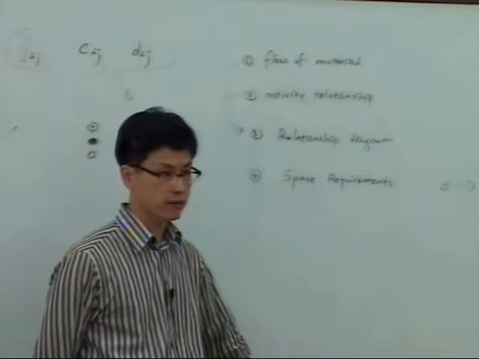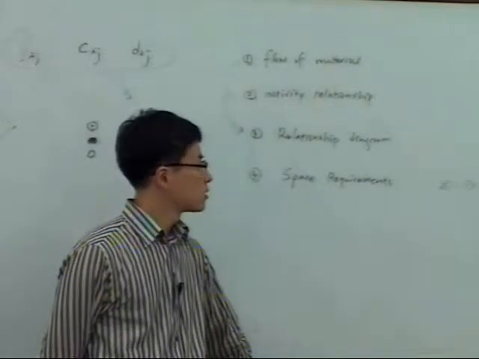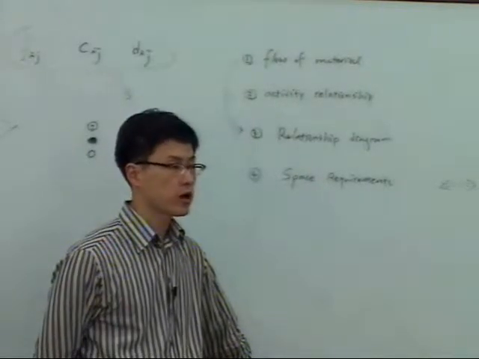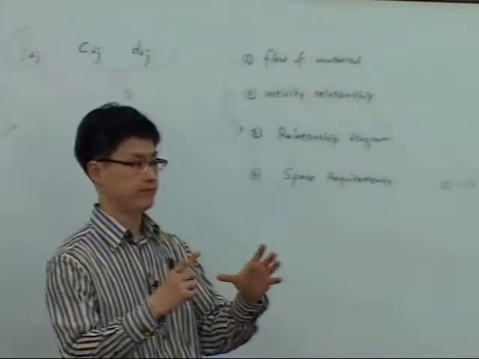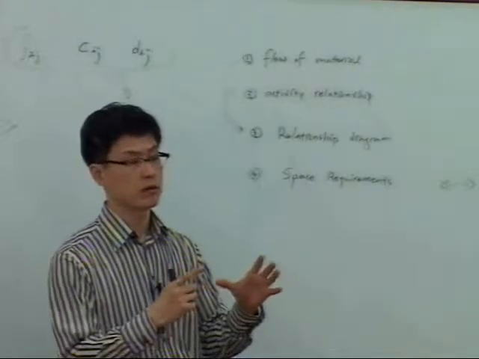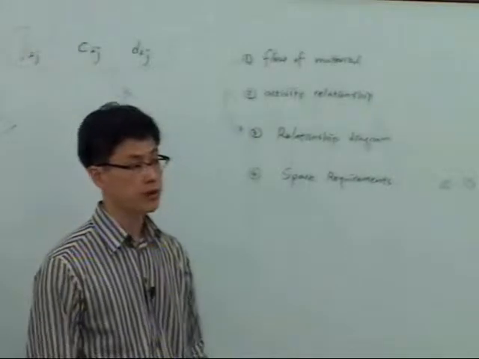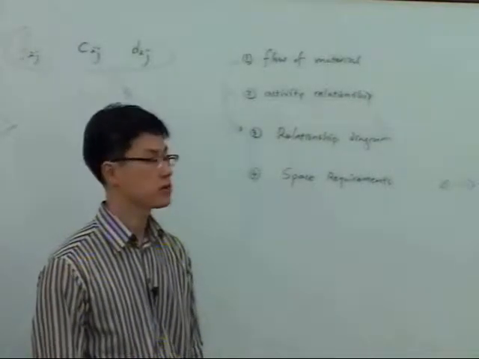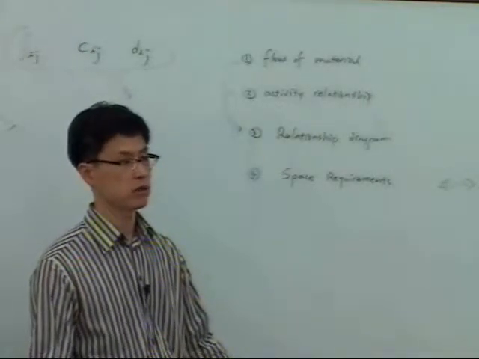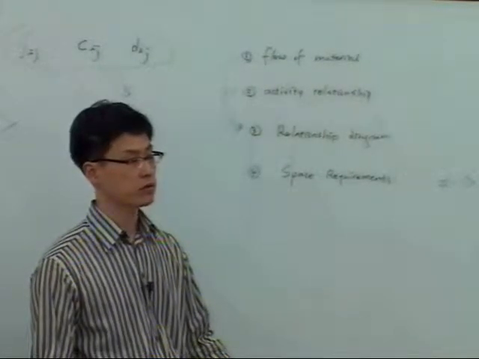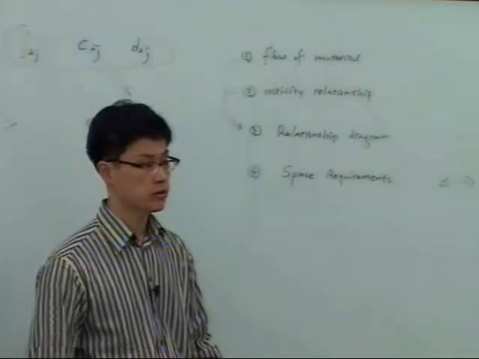Also, that's not enough. The summation of all the departments' space requirements, you can make some number, 1,200 square meters, and your available space is 1,000 square meters. Well, so is it okay to just reduce 200 square meters?